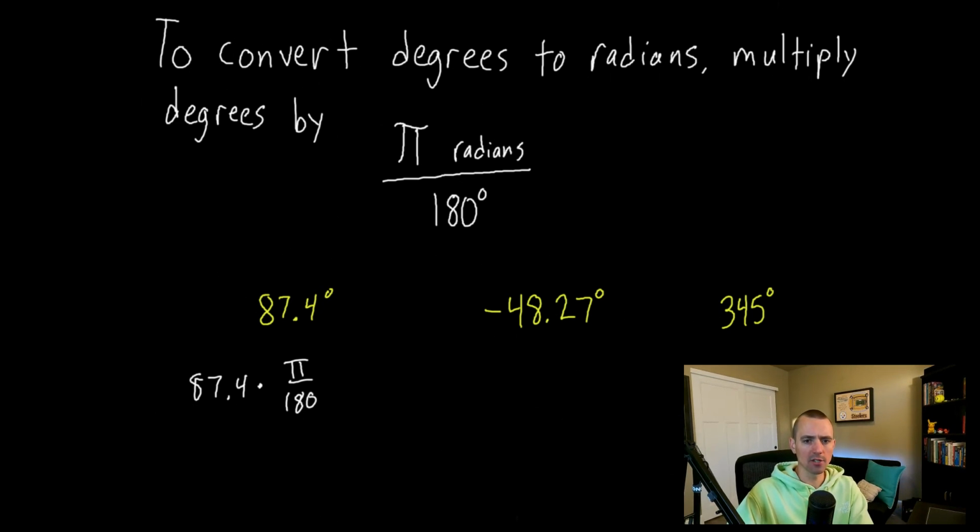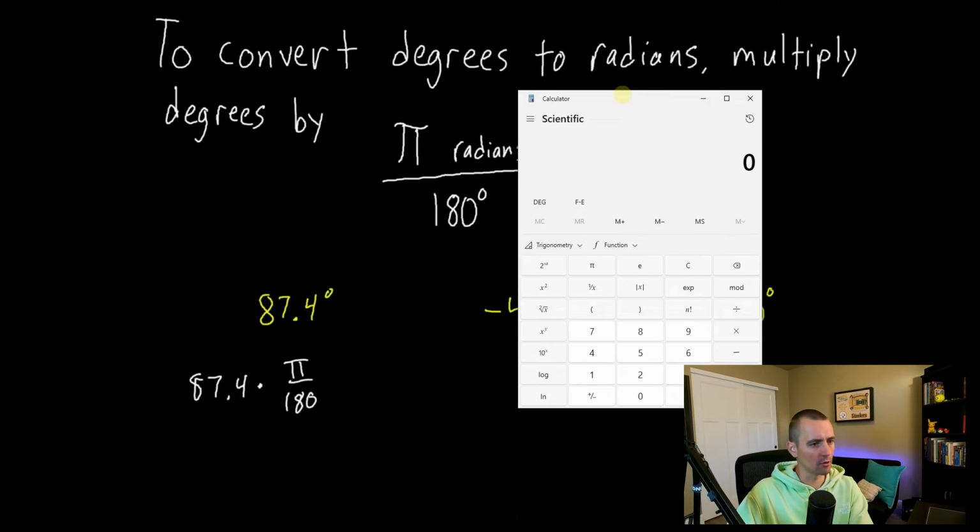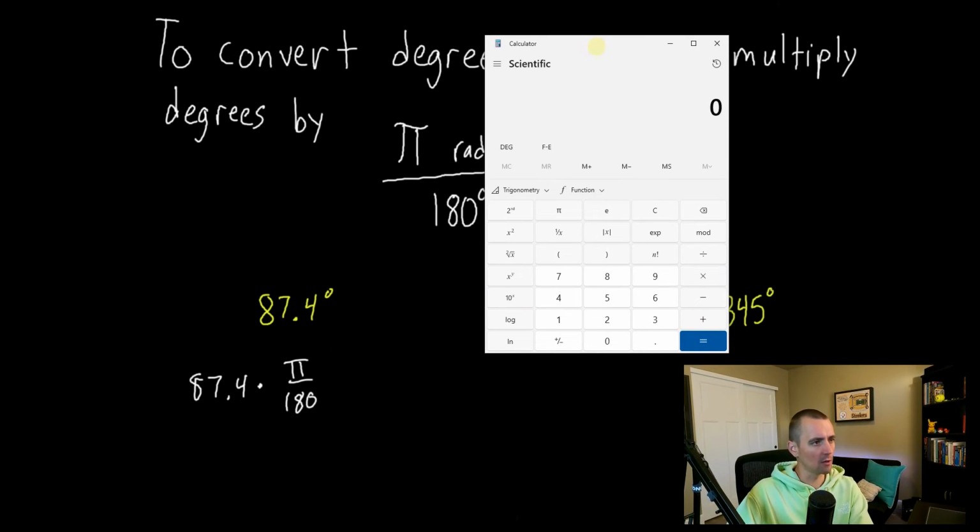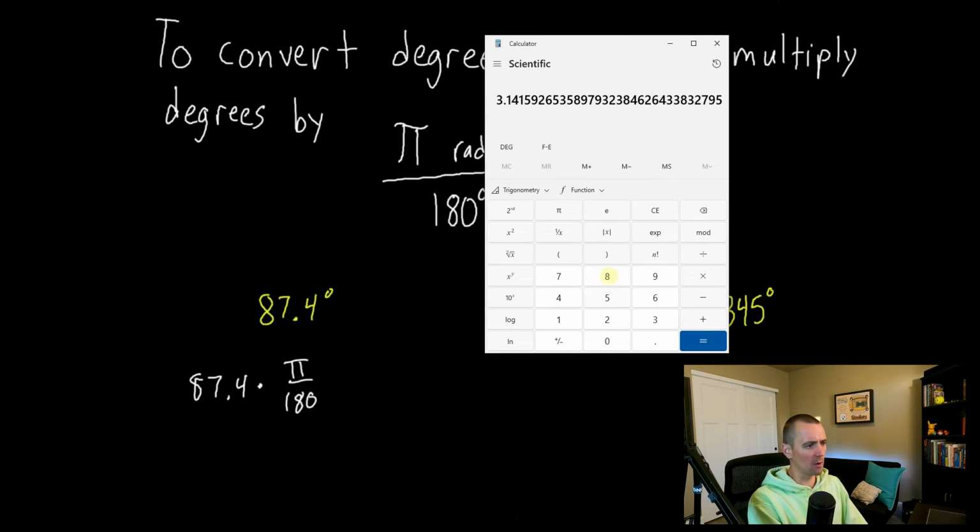So let's actually do that calculation. I'll bring my calculator over here so I can show you what that looks like. Remember we want to keep our order of operations when we're doing stuff in the calculator like this. So we'll do pi divided by 180 first, and then times that by 87.4.